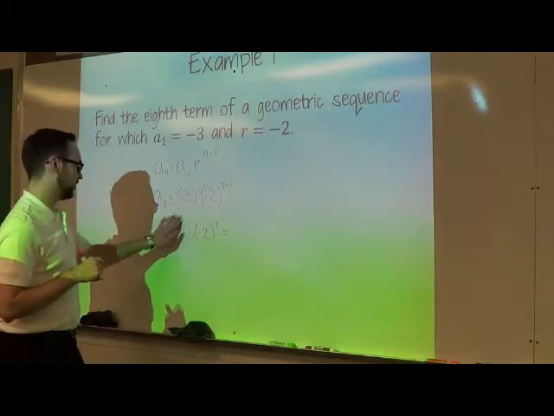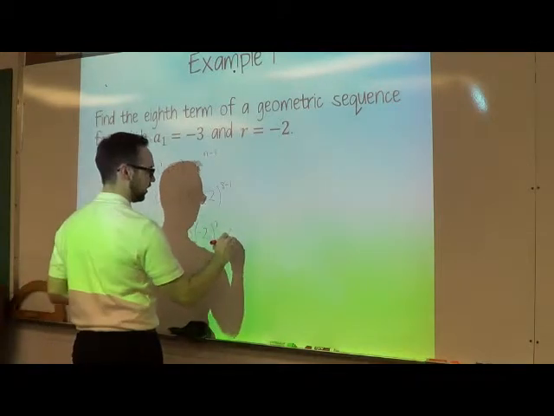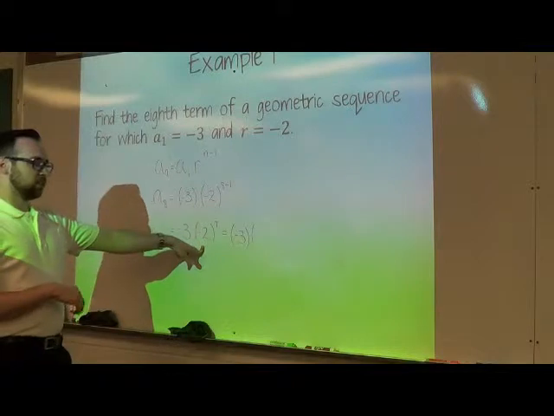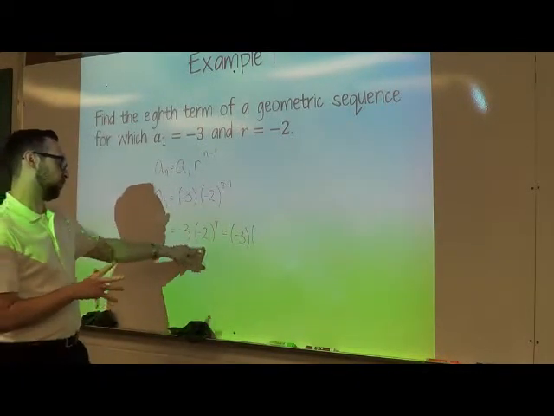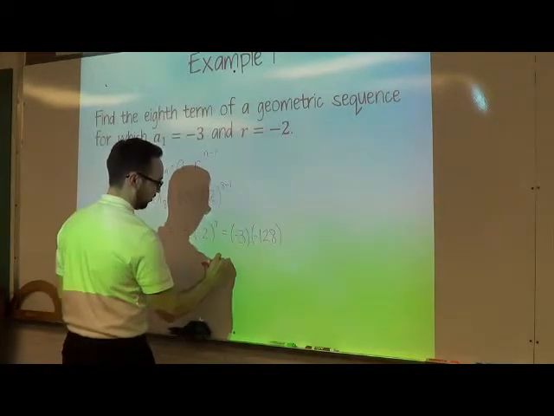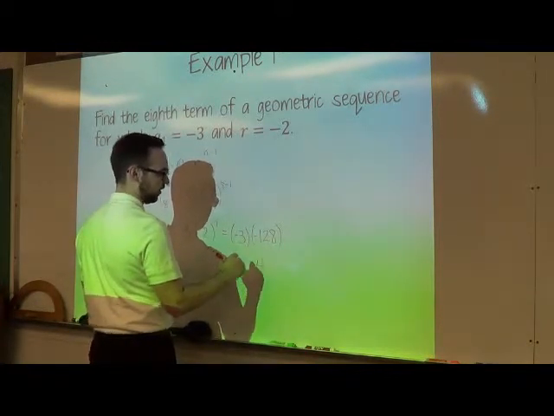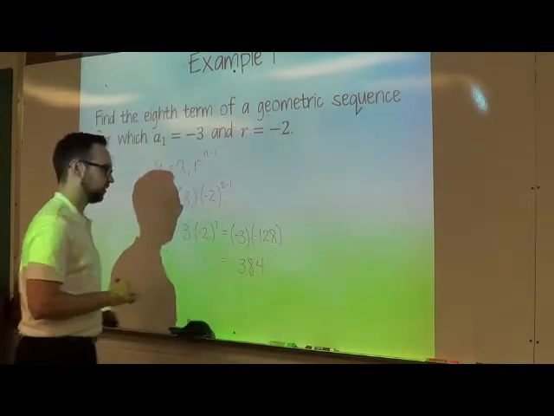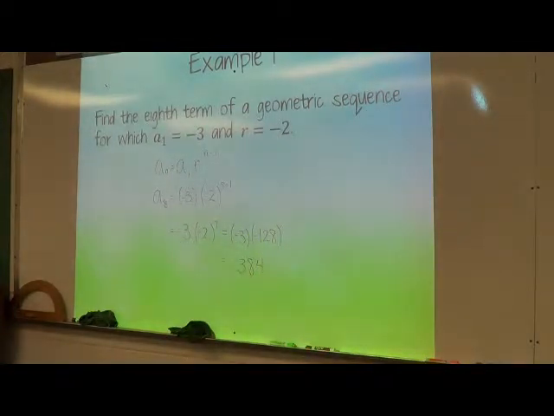Negative 2 to the 7th power is going to be a negative, negative 128. Then multiply that by negative 3, and it's going to be a positive 384. That is the 8th term of that geometric sequence.